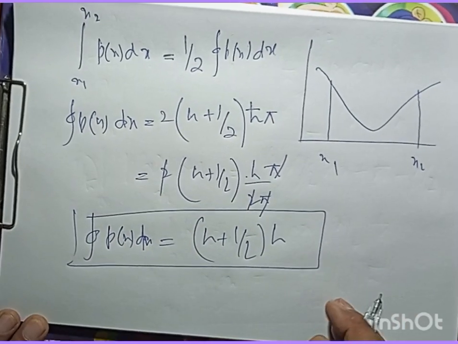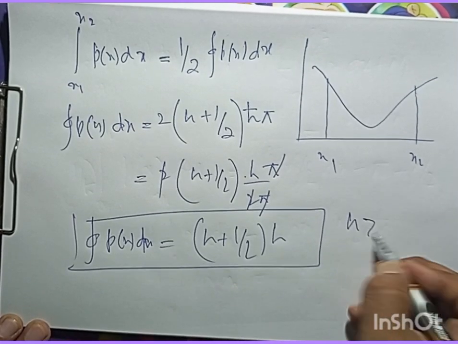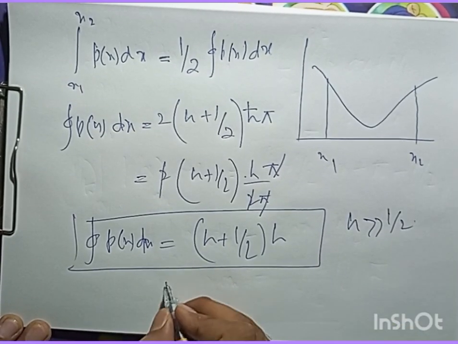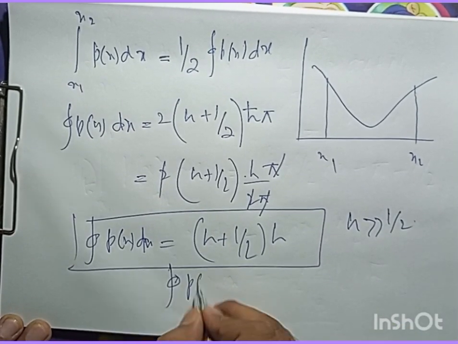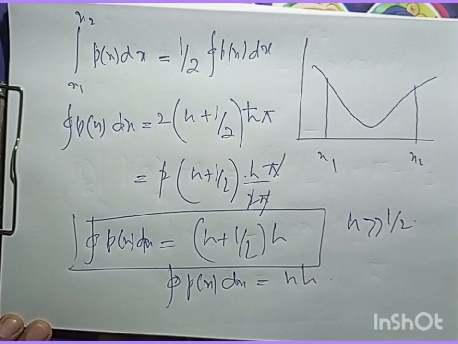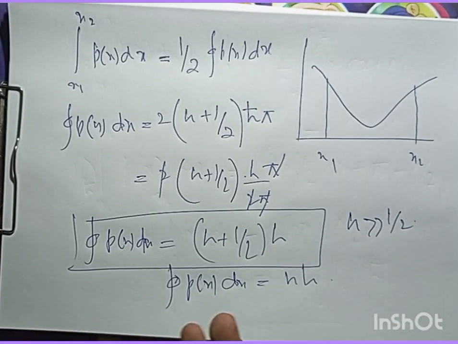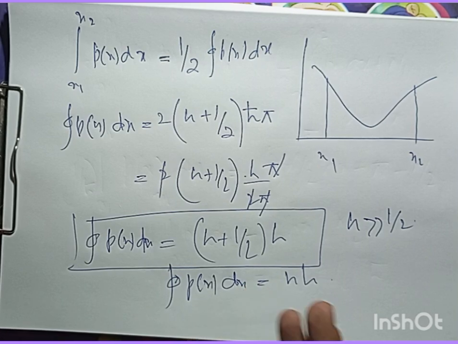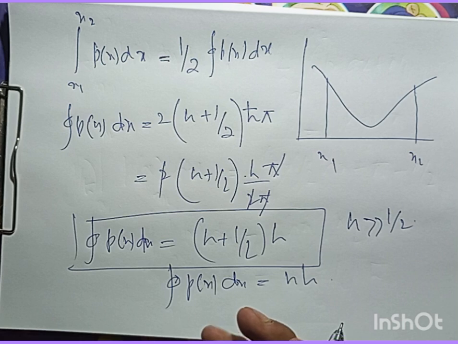Now, in the quasi-classical case, this n is very much greater than 1 by 2. So we can boil this down to the closed integral of p of x dx equal to nh. And this relation determines the quantized quasi-classical energy levels En, I mean the energy of the bound states of the semi-classical system.